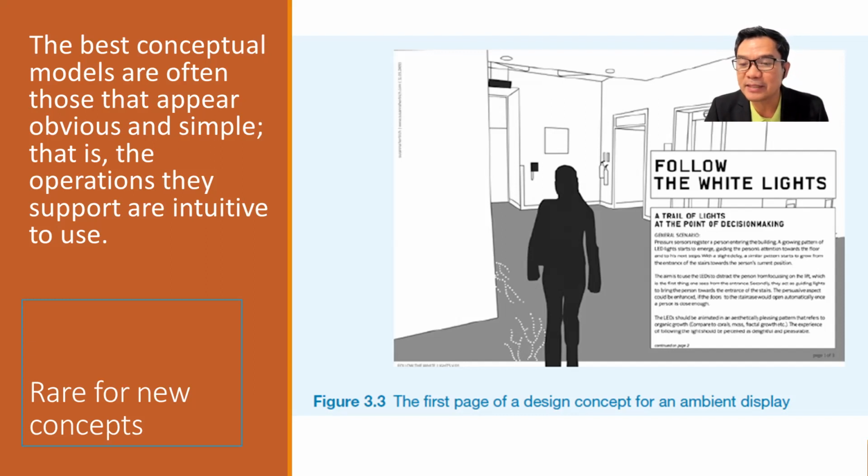If I'm not mistaken, they provide ambient lights along the pathway that lead to the stairs rather than to the elevator. The problem here is we want to encourage people to use the stairs, so we provide some guidance that will entice people to use the stairs rather than going into the elevator directly, by providing interesting lights or neon lights. So this is a concept.